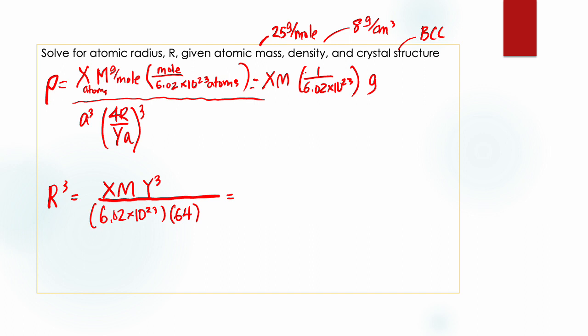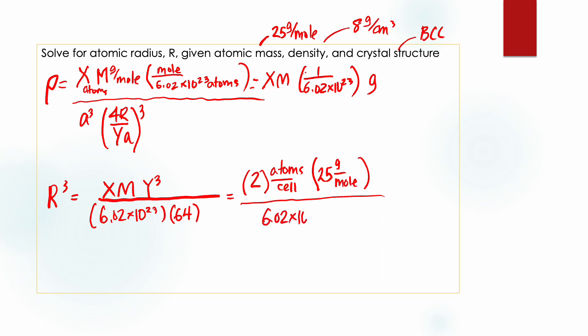So X is, this is BCC, so I've got 2 atoms per cell. And then I've got M, the mass, 25 grams per mole. And I'm going down here, 6.02 times 10 to the 23rd atoms per mole.